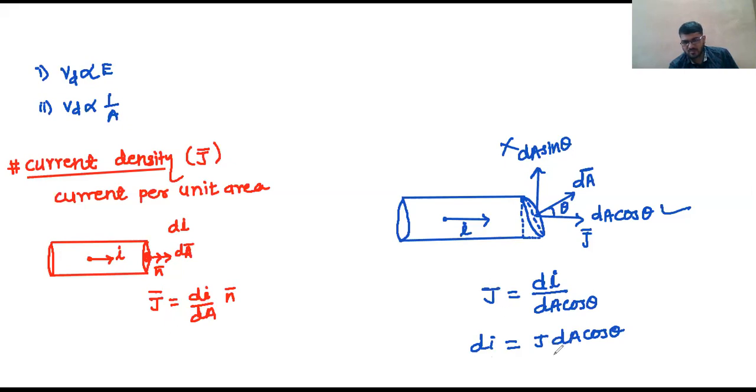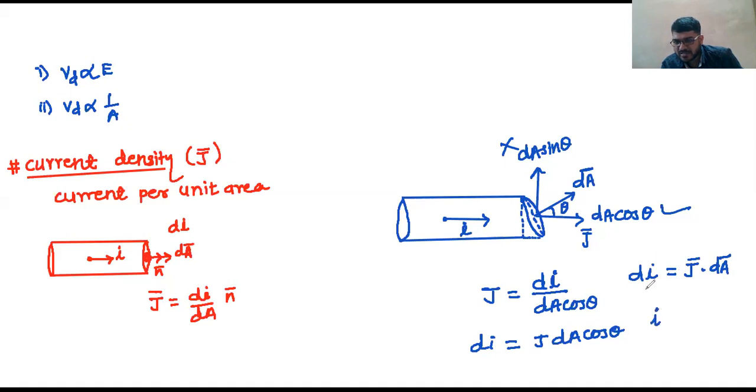So this is like a dot product, yes or no? So can I write now like this? dI is equal to J bar dot dA bar. This is a vector product. And therefore, if I want current, I integrate on both sides.